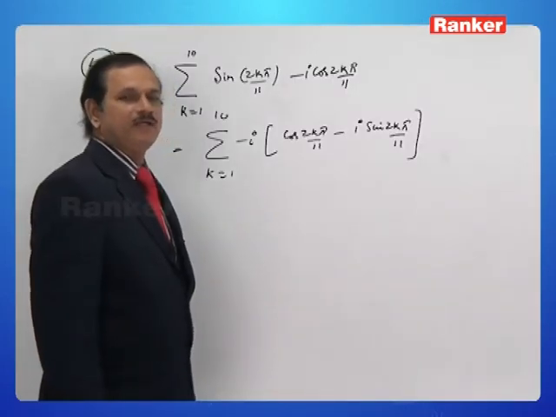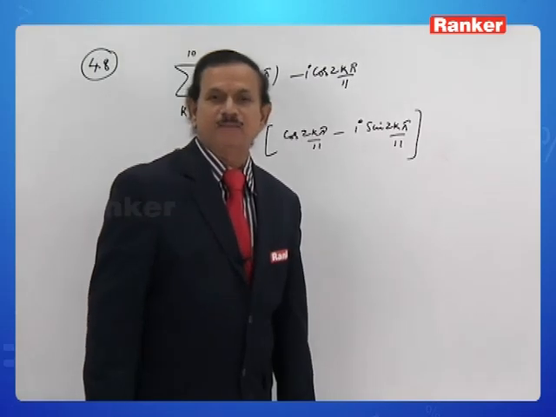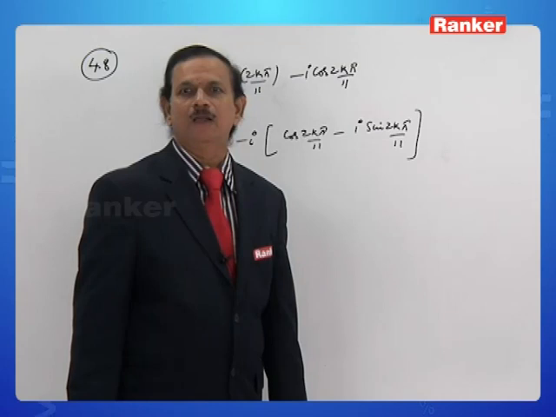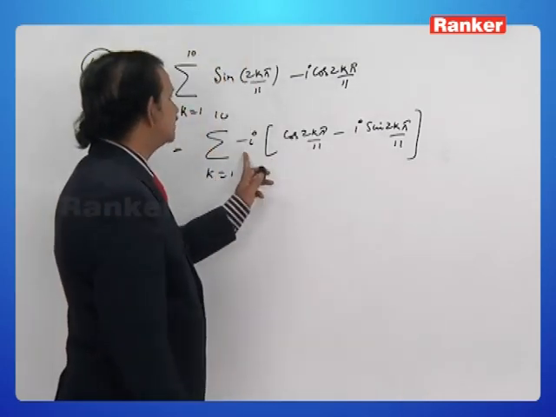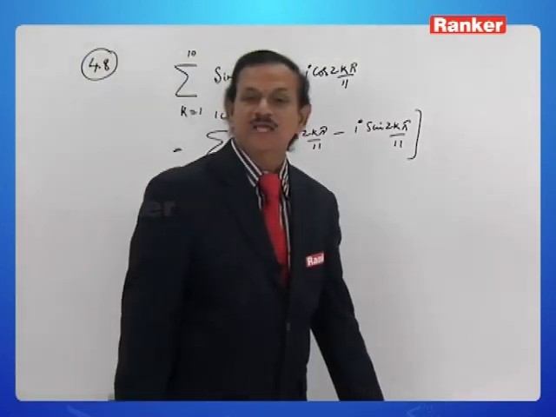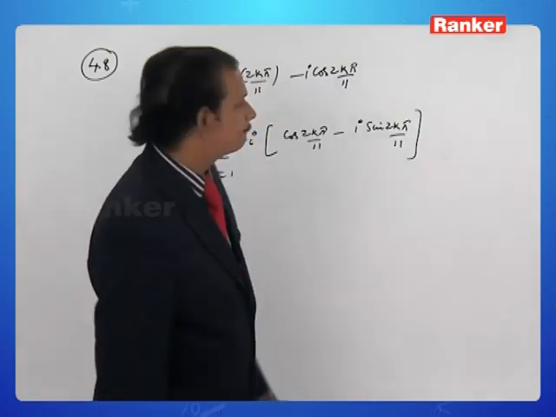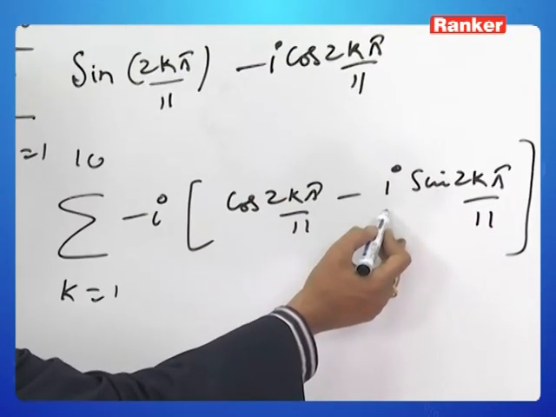So that I may be able to use Euler's definition, that is cos theta minus i sin theta is nothing but e power minus i theta. Minus i into sin 2k pi by 11 minus i cos 2k pi by 11: minus i into minus i is minus i square, which is 1.